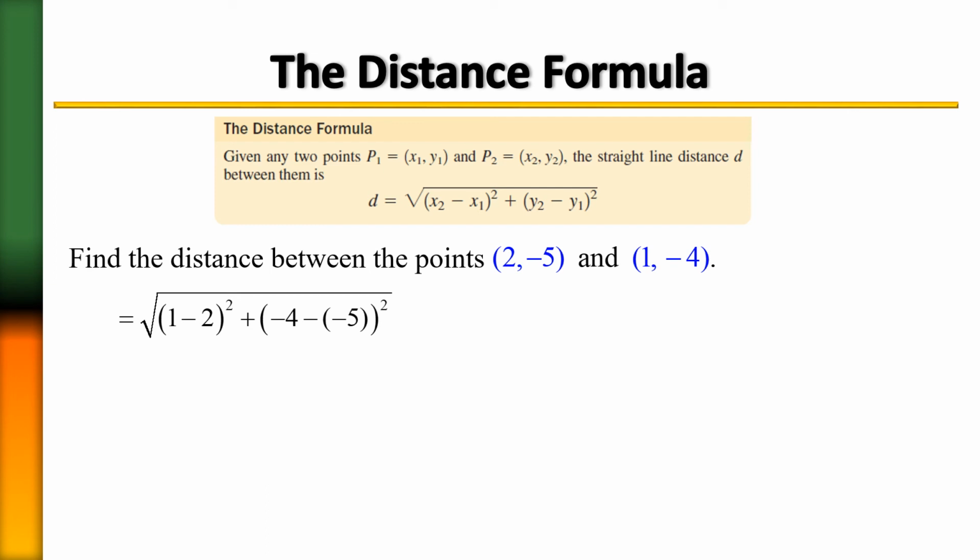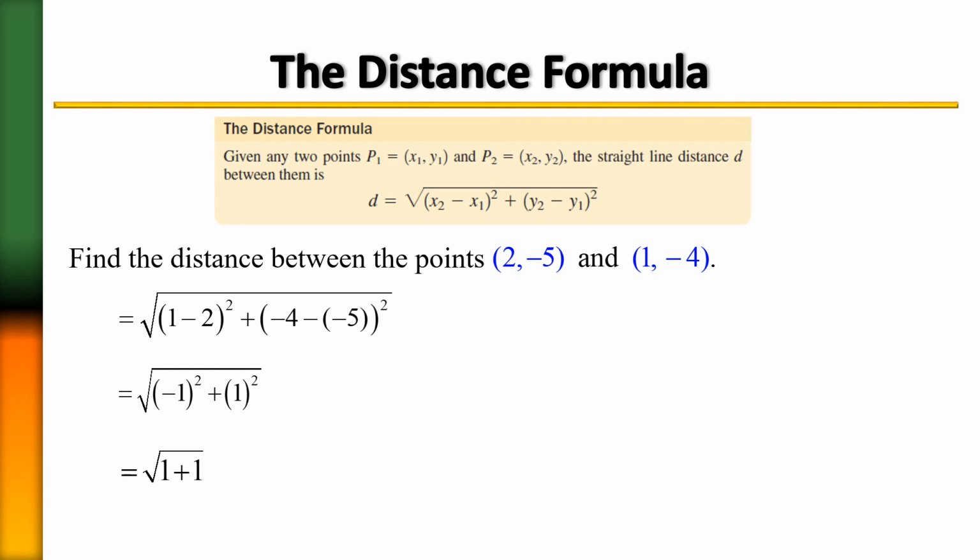So when you have -4 combined with a +5, that's going to give you a +1. So what we have here is -1 squared and 1 squared. And when we square both of them, we're simply going to get 1, because -1 times -1 is +1. 1 times 1 is also 1.